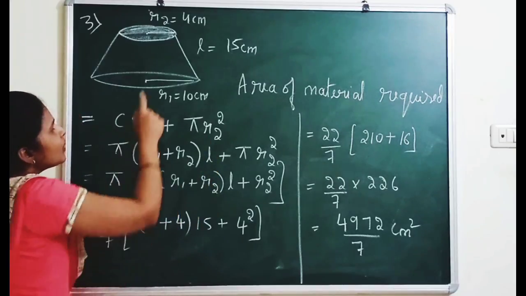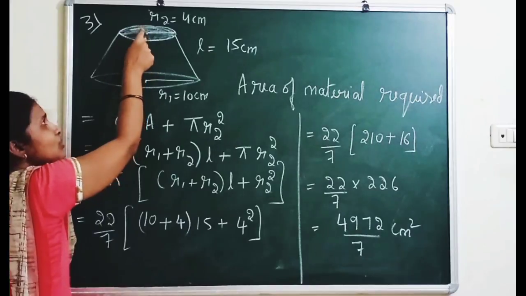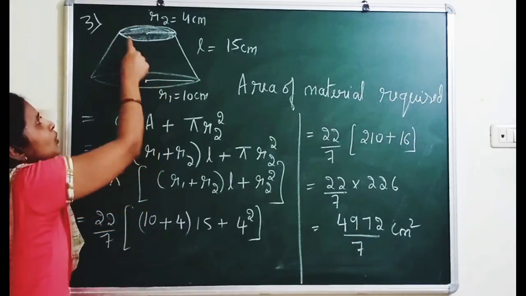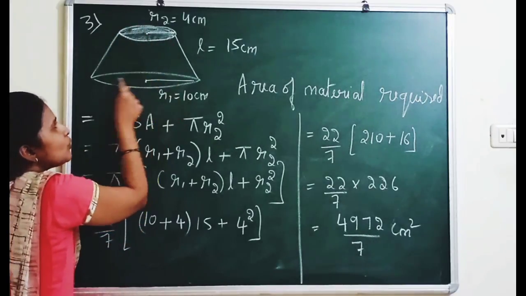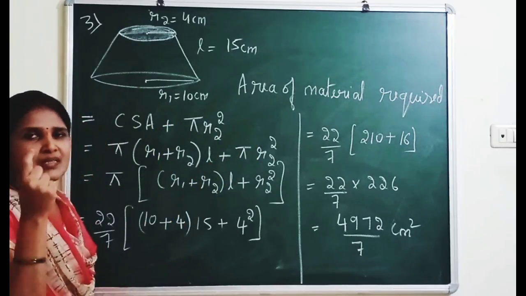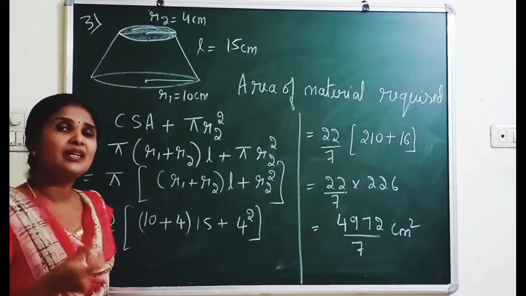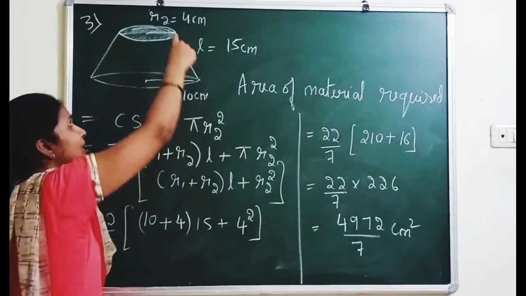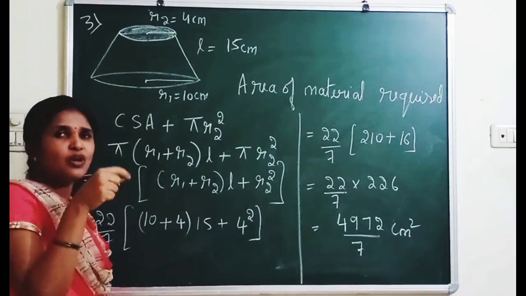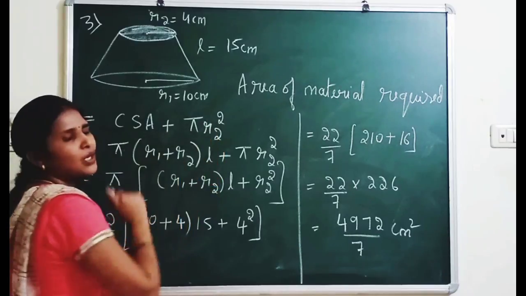Why do I have to consider pi R2 square? Because it is closed, so we are also using some material to stitch this. This part is open, so I am not considering pi R1 square. So it is CSA plus one end of the frustum where it is closed. Which end is closed is clearly given in the question, and you are stitching with that material only. That's why we have to consider pi R2 square.